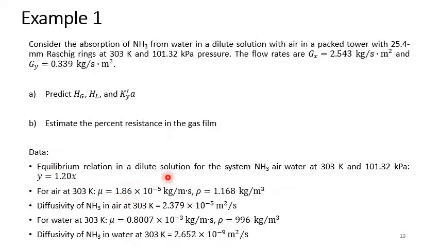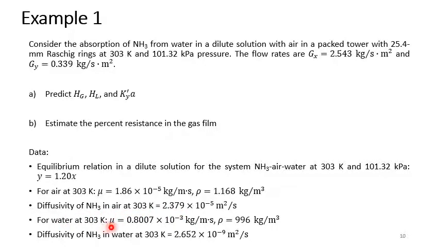You're given the data here. The equilibrium relation in a dilute solution for the system ammonia, air, water at the given temperature and pressure is y equals 1.20x. For air at 303 Kelvin, the viscosity and the density are given. The diffusivity of ammonia in the gas phase is also given.